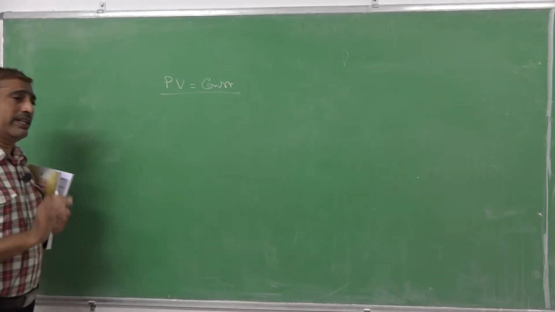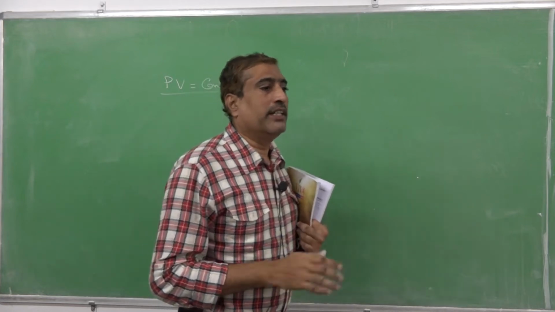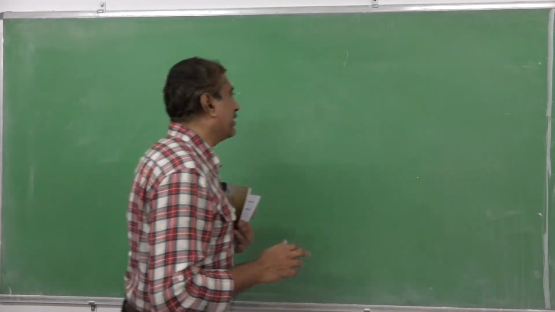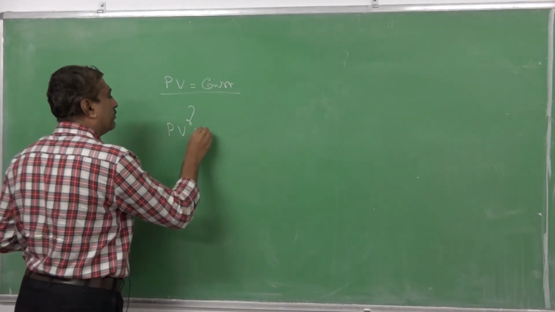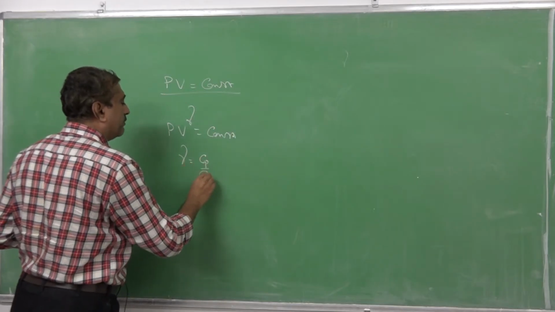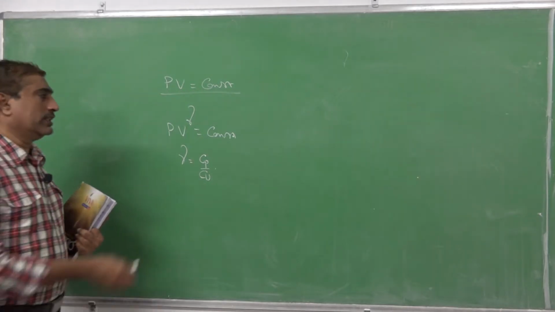Similarly, in an adiabatic process, the physical state of the system changes such that there is no exchange of heat between the system and the surroundings. An adiabatic process obeys PV to the power gamma equals constant, where gamma is the ratio of specific heats, Cp by Cv. Okay, so you remember these ones.